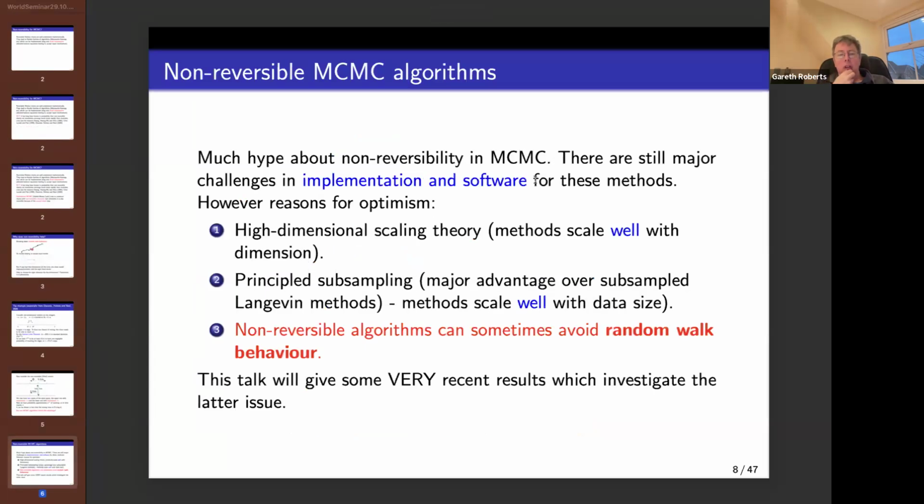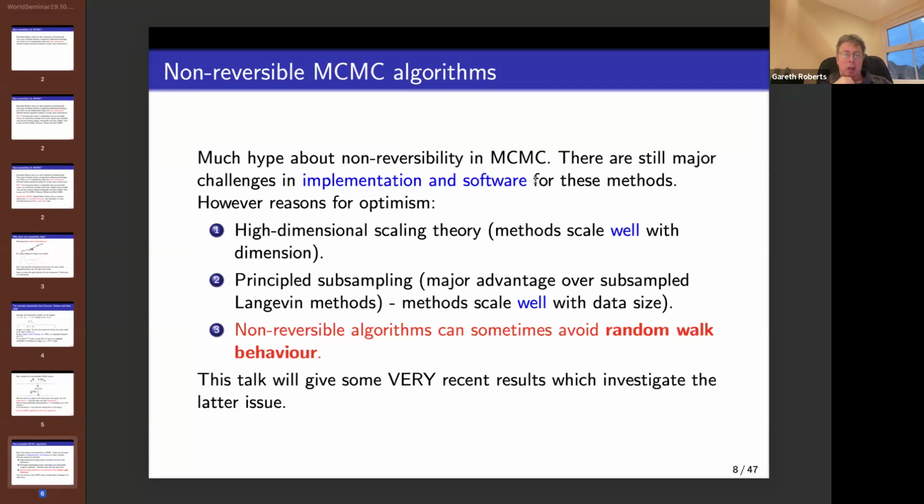I'm not really going to be talking too much about other non-reversible MCMC algorithms, but just to say something about where I think we are with them. There's a lot of hype about it, and I think it's very exciting, but there are still major challenges, particularly in implementation and software for these methods, if they're going to become competitive with the standard reversible methods which people are using in all the probabilistic programming languages and so on.